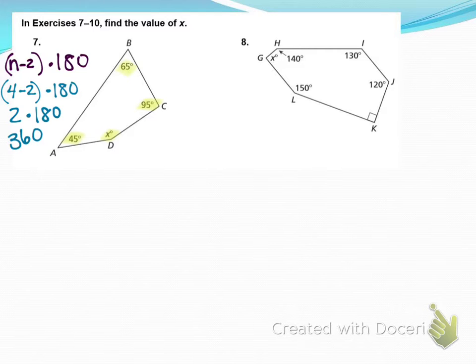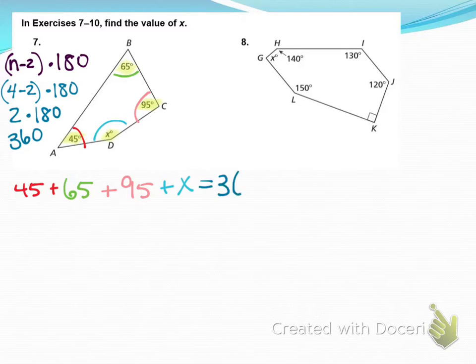So we will add 45 plus 65 plus 95 plus x, and it will equal 360. Combine your like terms.